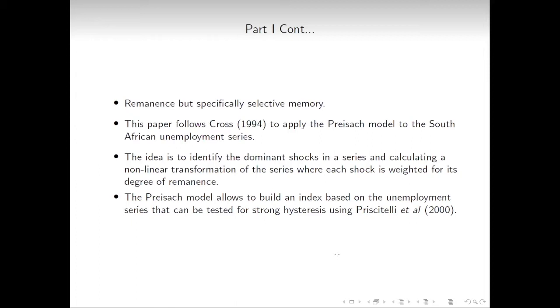Now, the Preisach model is by the author, his name is basically Preisach, who uncovered these issues initially in physics. But the idea of the model is basically to identify what are the dominant shocks in a series by calculating a nonlinear transformation of the initial series, where a certain weight is associated with a certain degree of remnants.